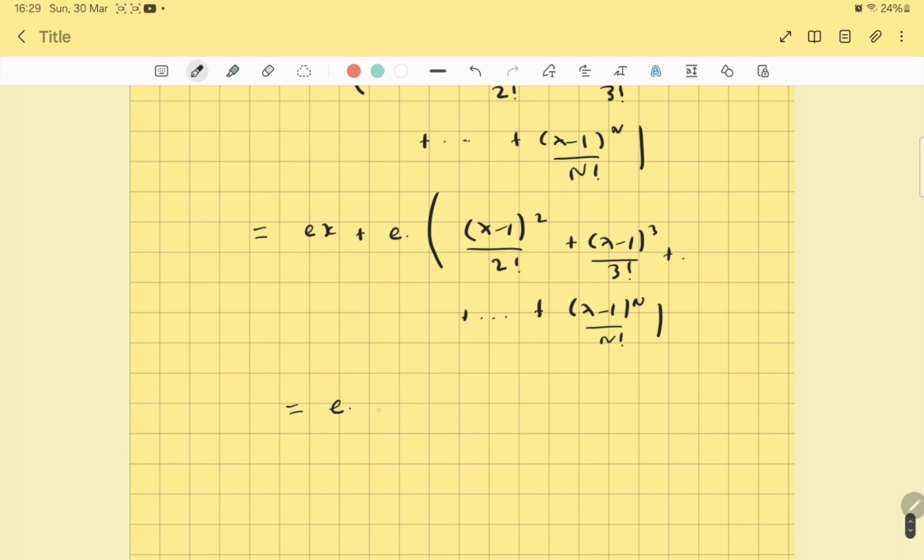And that is e times x plus e times the sum from j equals 2 to n of x minus 1 to the power of j over j factorial.